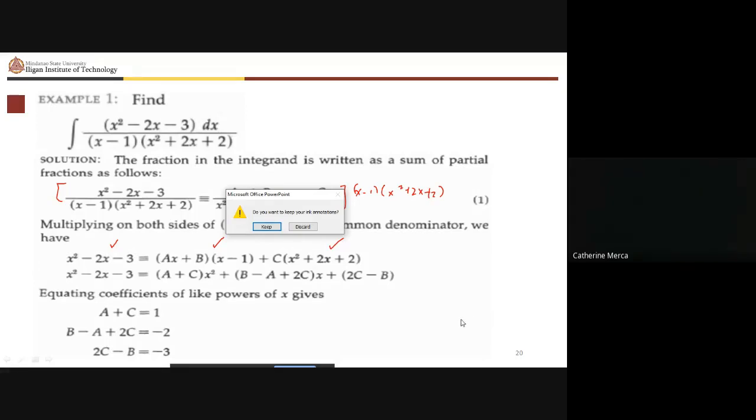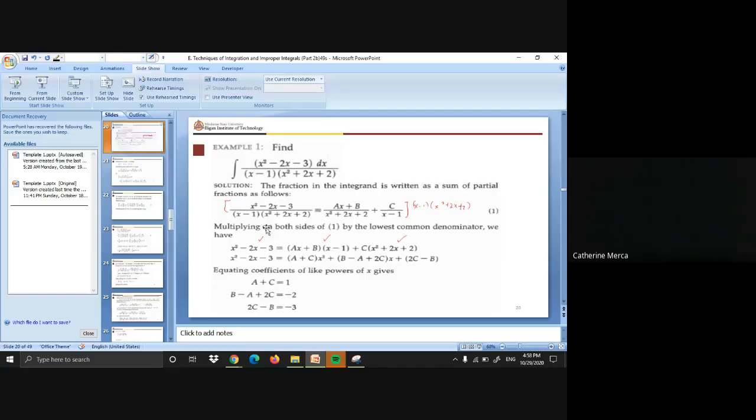Escape. Ay, escape. Naghang siya. Ayaw mag-kalaw. Ito na lang. Ito na kung kaya. Okay. So, cut ko muna.